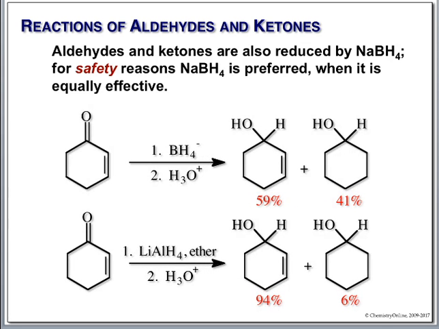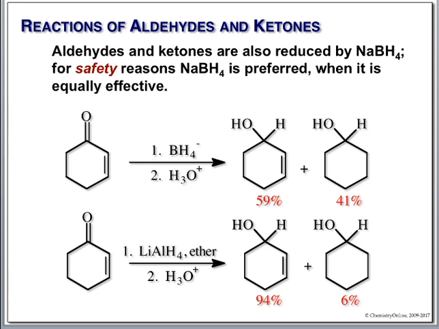Much simpler and better way is to use borohydride. Borohydride works very nicely. The selectivity, however, is not nearly as good as lithal. For this, where we have multiple functionalities, a ketone and a double bond, we get 94% of the desired stuff.